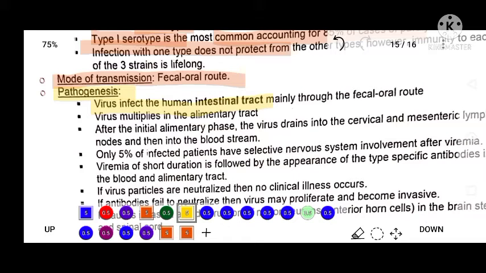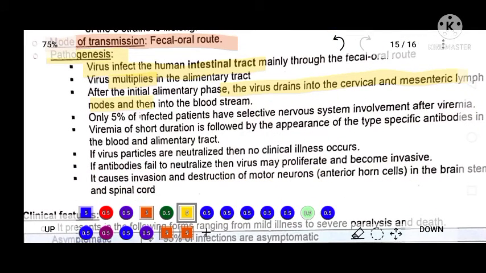And the pathogenesis of this condition is that the virus infects the person through the GI tract, and in the GI tract it multiplies and then drains into the cervical and mesenteric lymph nodes via the bloodstream. Then 5% of infected patients develop selective nervous system involvement, and viremia develops. Then what happens? In that viremia, virus particles are neutralized, and then no clinical illness occurs.